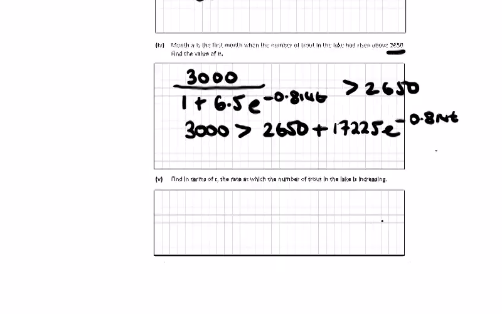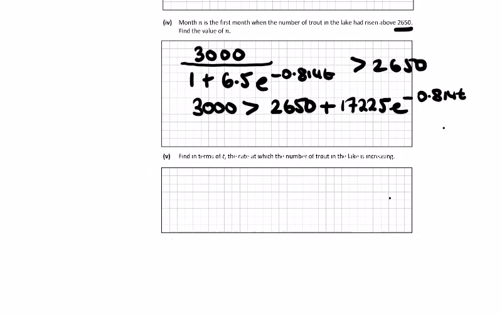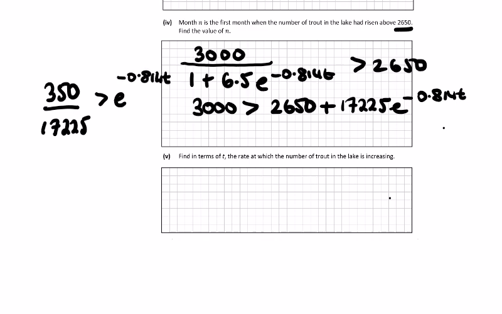0.814t. If we take away 2650, we're going to get 3000 minus 2650, 350. And then we'd have to divide by 17225, and that will be greater than e to the power of minus 0.814t.